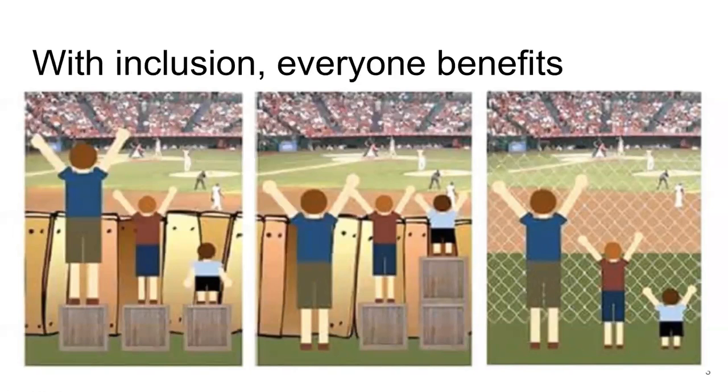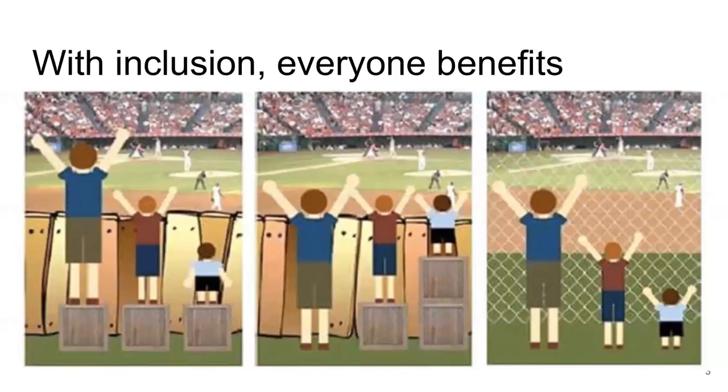Now all children are able to see the game, but we don't know how long it took for that smallest child to get the accommodations that he or she needed in order to see over the wooden fence. Did that child need to disclose something about himself to get the accommodation?